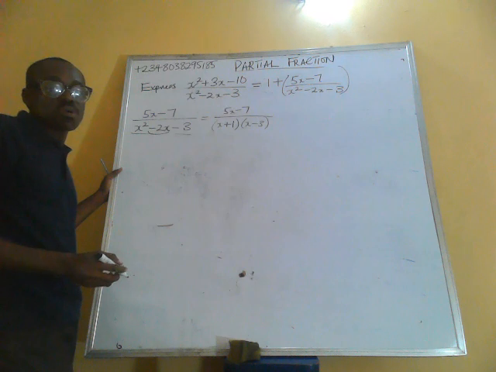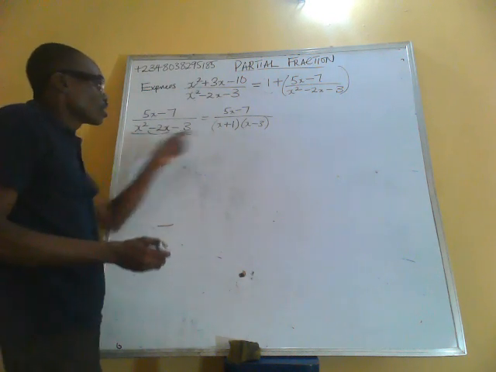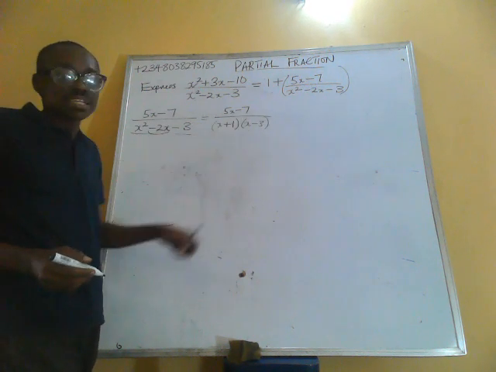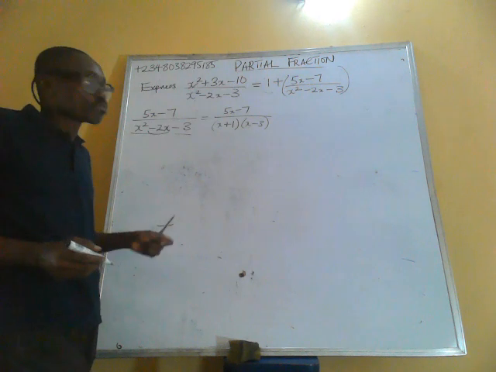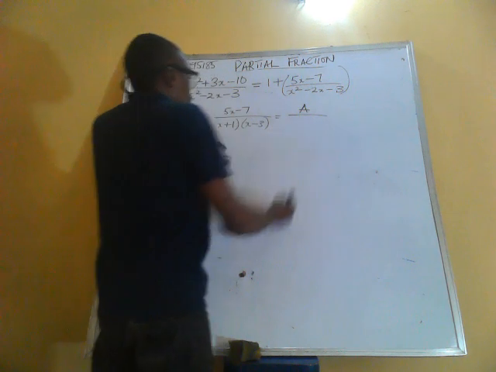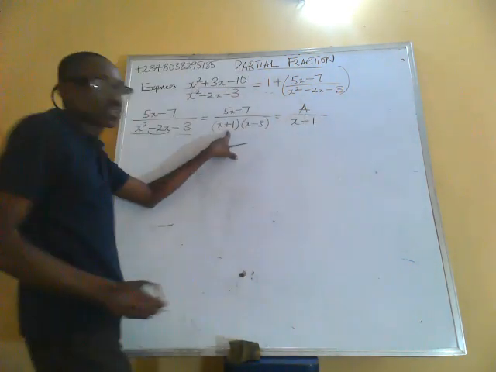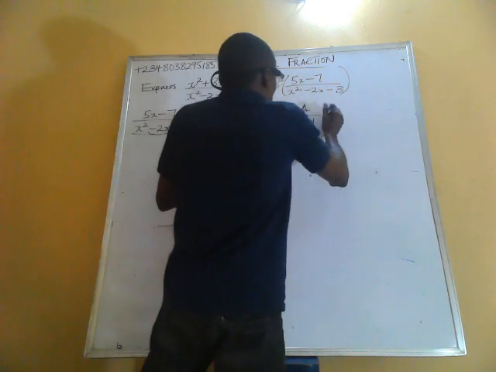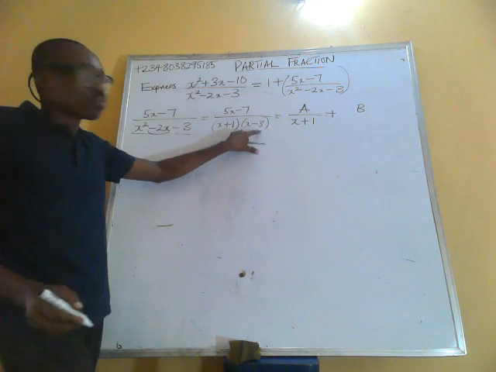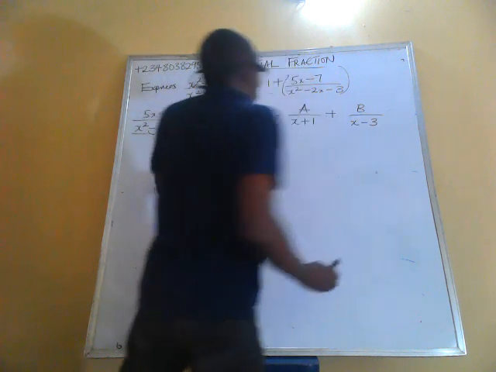Based on lesson 1 and lesson 2, when you have this in the denominator and you factorize, when you break it down into partial fractions, this is going to be some constant a over the first factor, which is x plus 1, plus constant b over the next factor, which in this case is x minus 3.